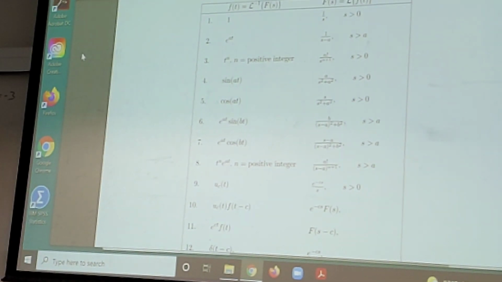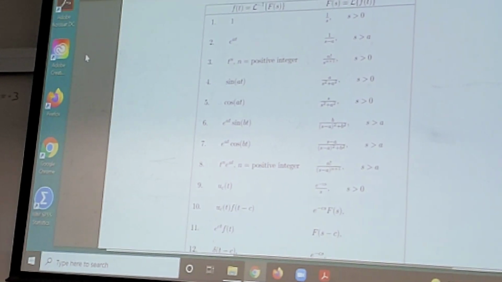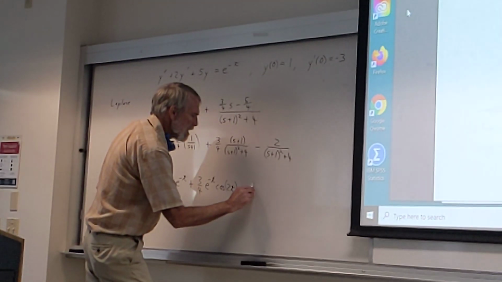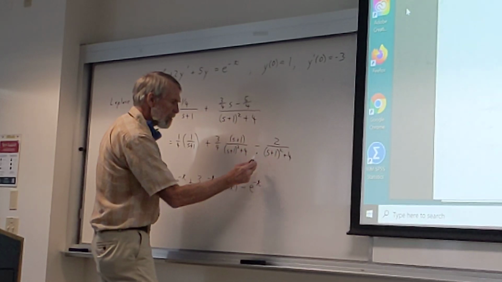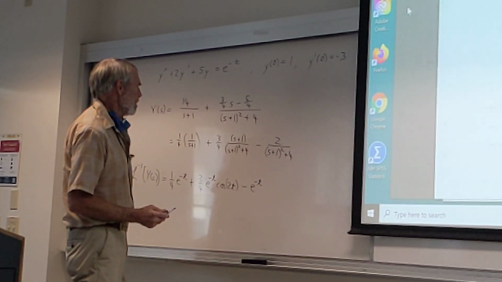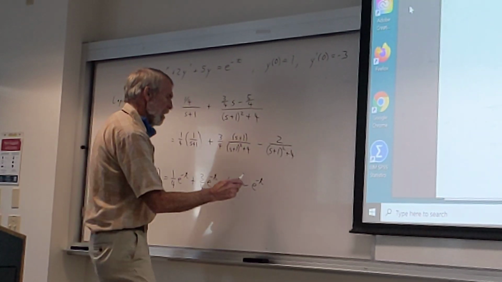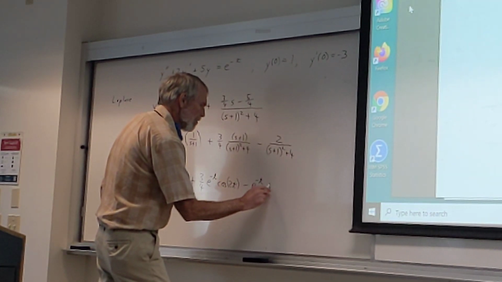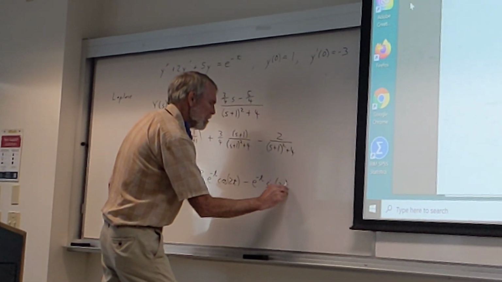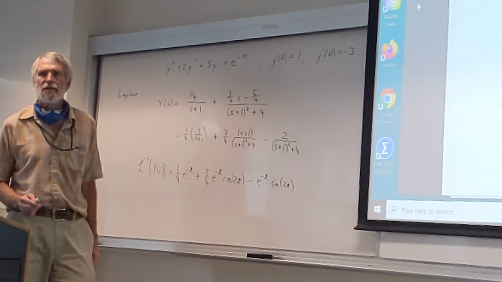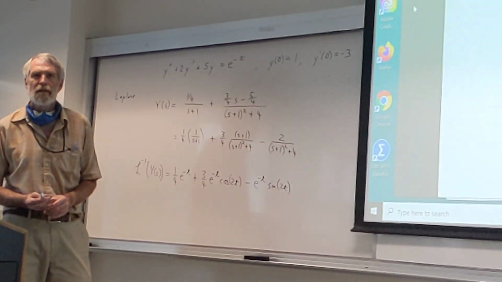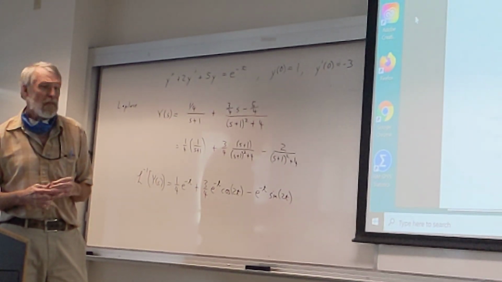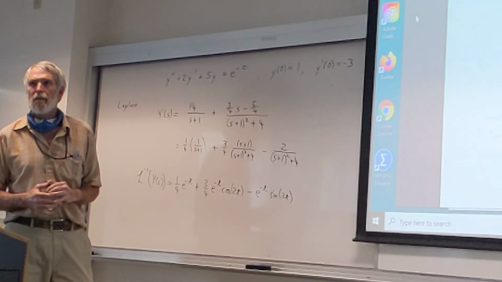And so we're going to get, again, minus, in this case, e to the minus t sine of 2t. Okay? And that is the answer to this initial value problem.